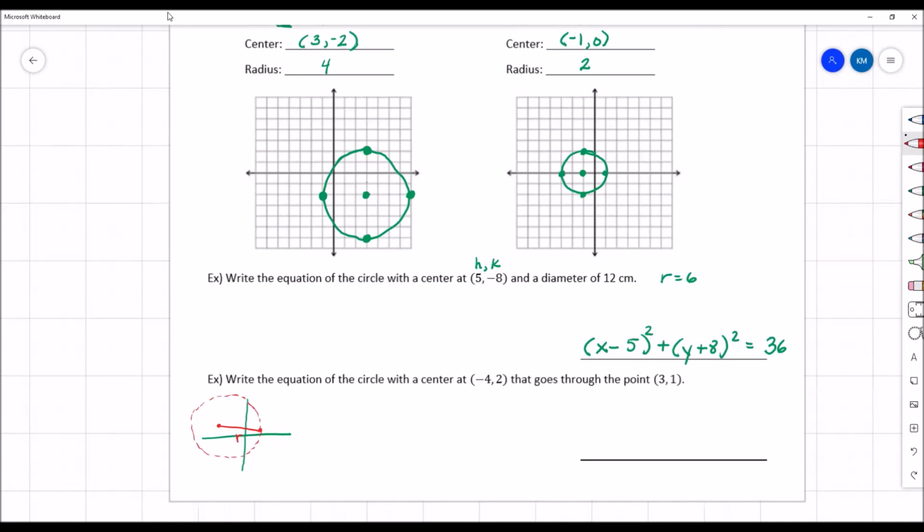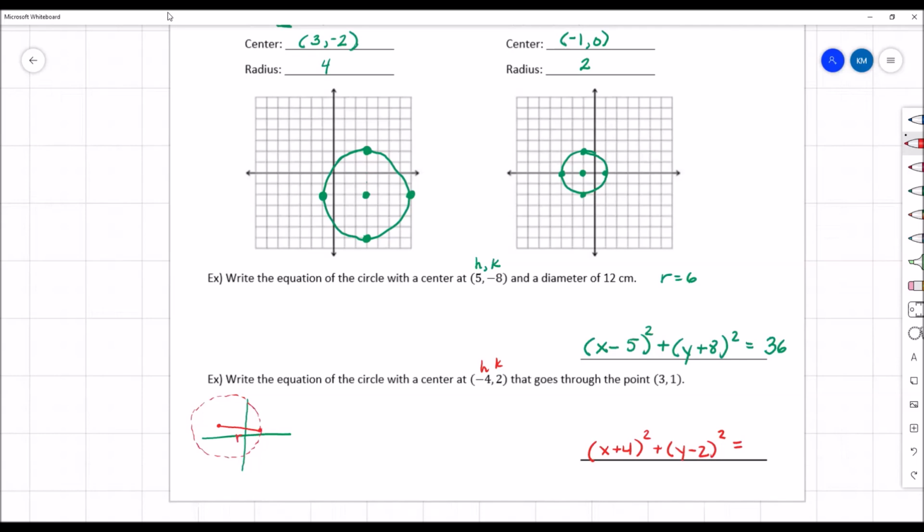We need to know its center, which we know, so we can already start with the things that we know. This is h, this is k, and so we can say (x plus 4) squared plus (y minus 2) squared equals. This part is what we're looking for. We want to know what our radius is, so we can find our radius squared.